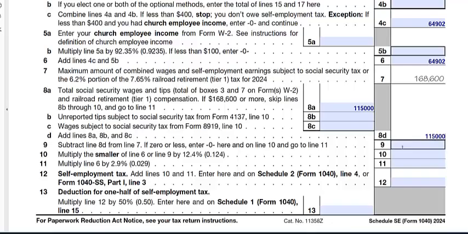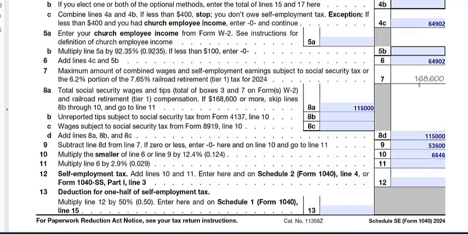Line 9, we are to subtract 8D from line 7. That'll give us 53,600. We're going to multiply the smaller of line 6 or 9 by 12.4%. So when we take the 53,600, that's the amount that she has to go before she exceeds the wage limit, we'll get $6,646.